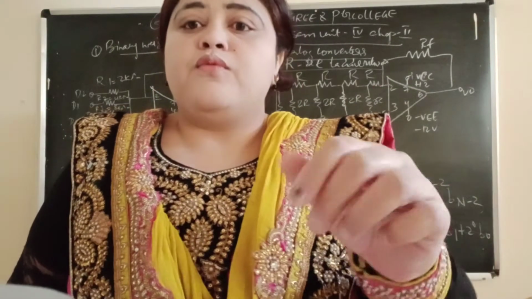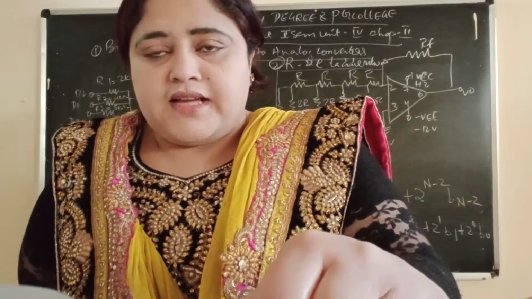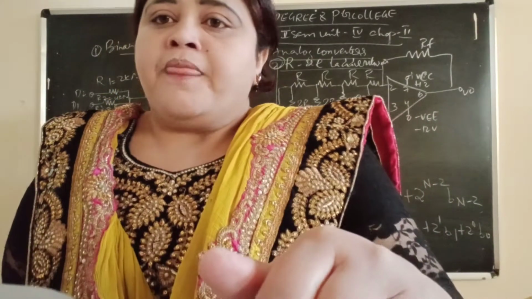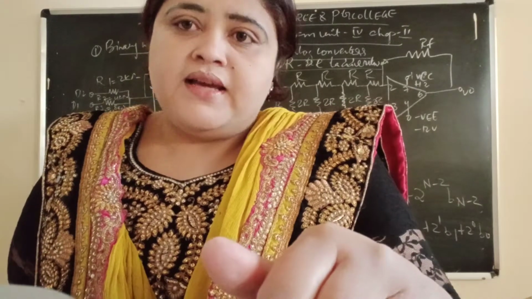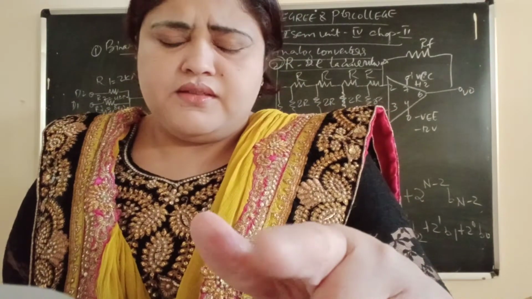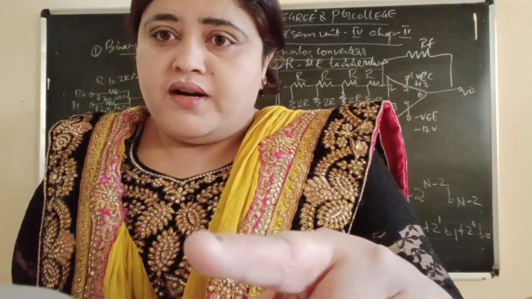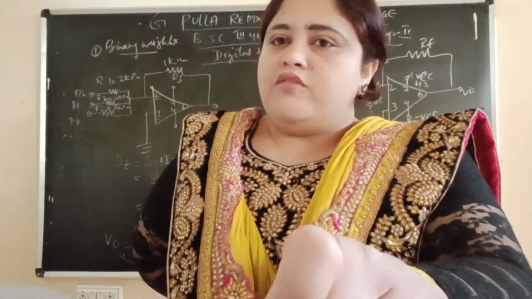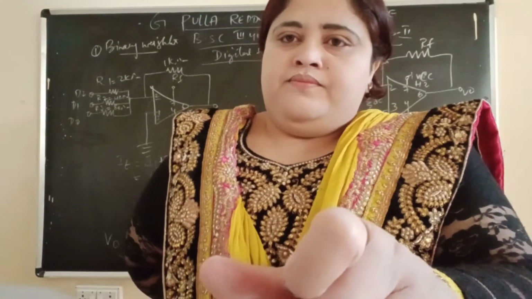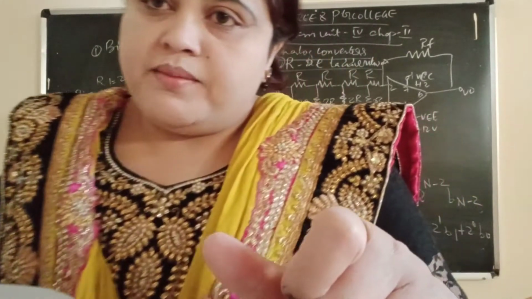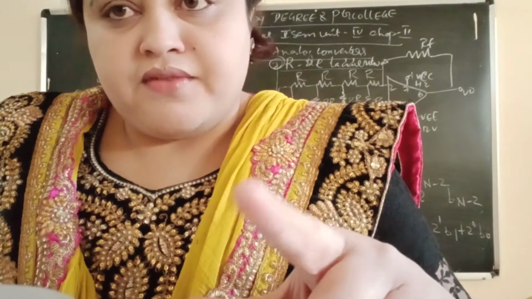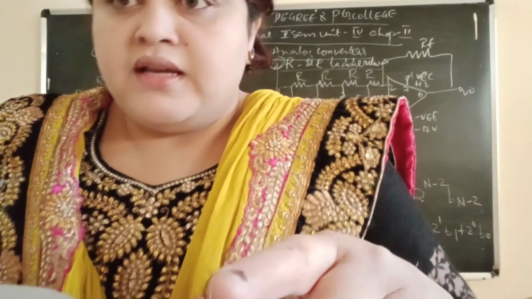That is why voltage type D2A converters are also called delay type D2A converters. Output will be in the form of voltage, but internally it takes current and converts it into voltage. Current formula is I equal to V by R, and V equal to IR is voltage.